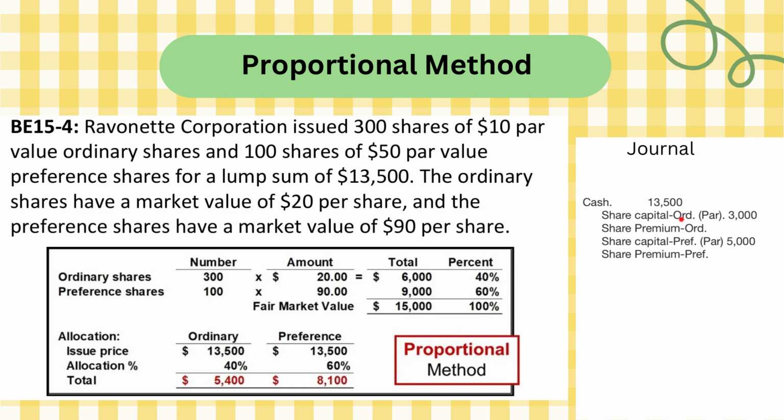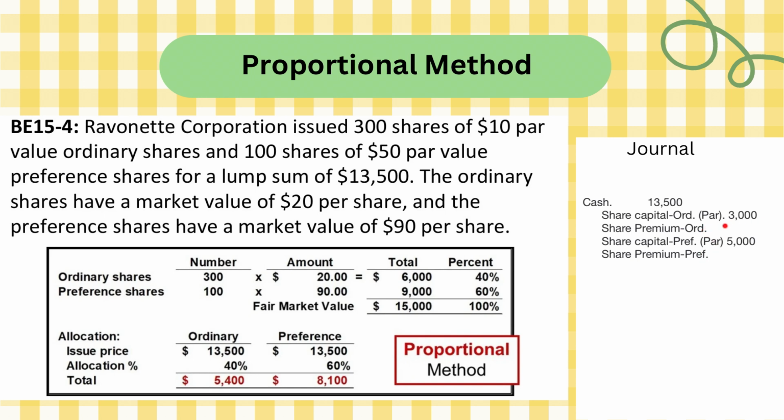So share capital ordinary, we have 300 shares, the par is 10, so the total is 3,000. And share capital preference is 100 times 50, so it's going to be 5,000. As you can see, they are not balanced, because here in the debit side you have 13,500 and the credit you have 8,000. Now the difference should be allocated to the share premium, ordinary and preference.